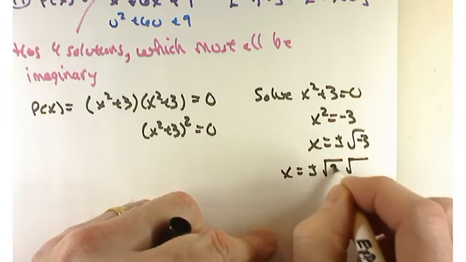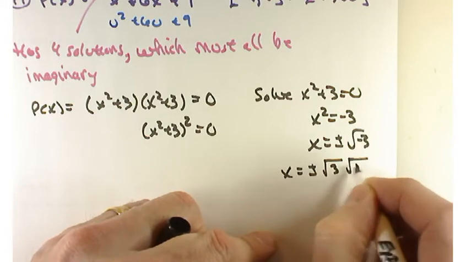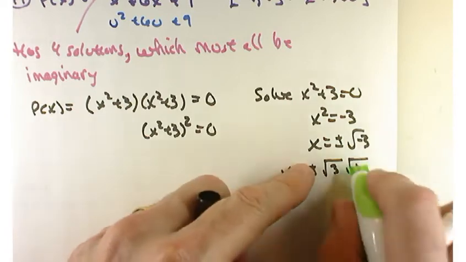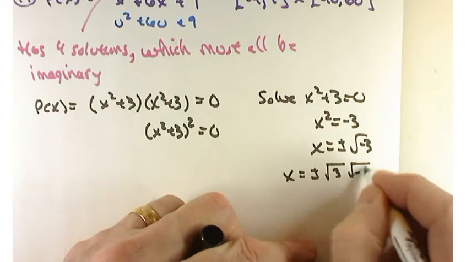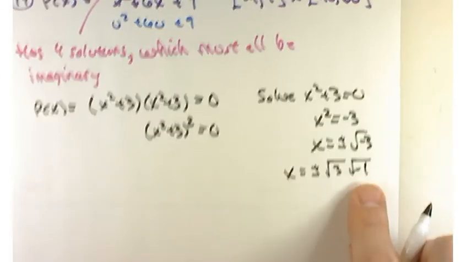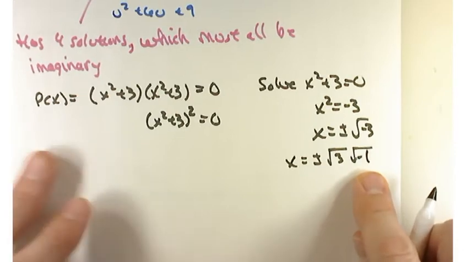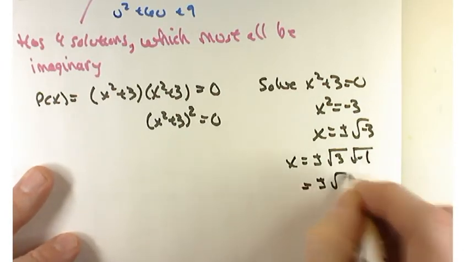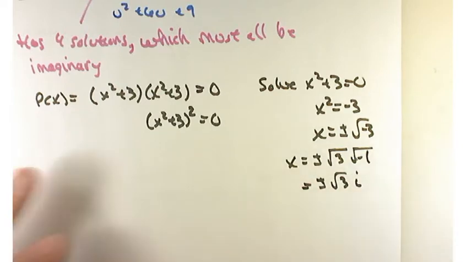Well, I can write that as square root of 3 times square root of negative 1. What happens to the square root of negative 1? It becomes i. So plus or minus square root of 3 times i.